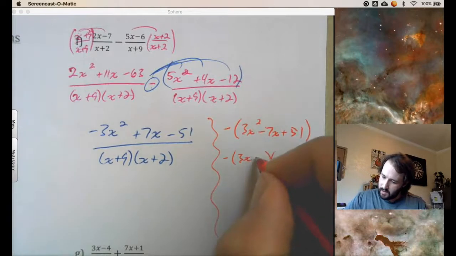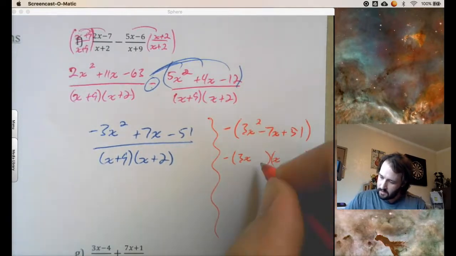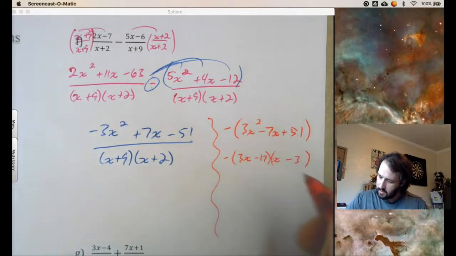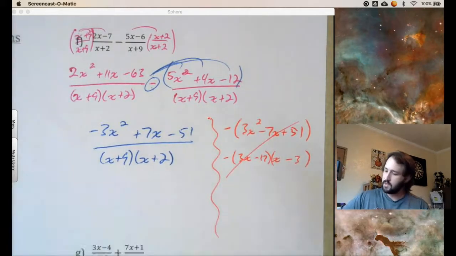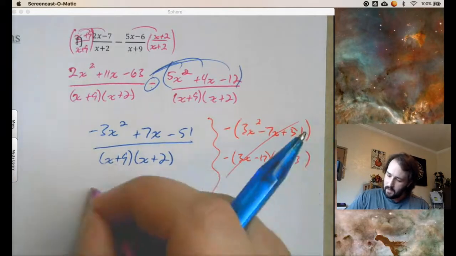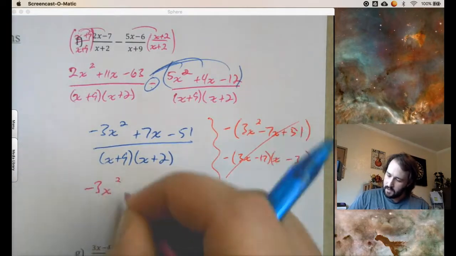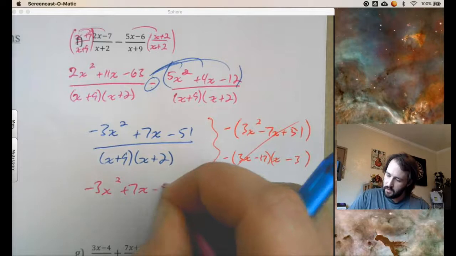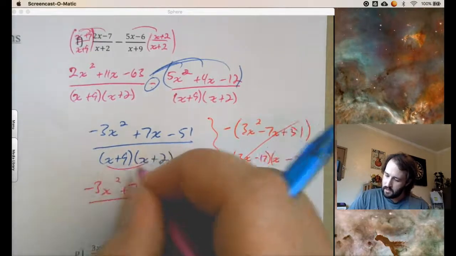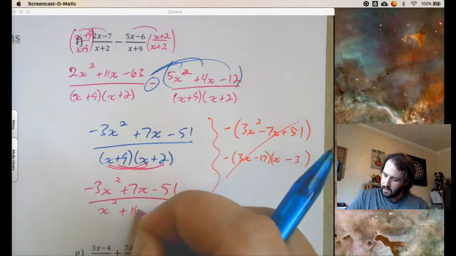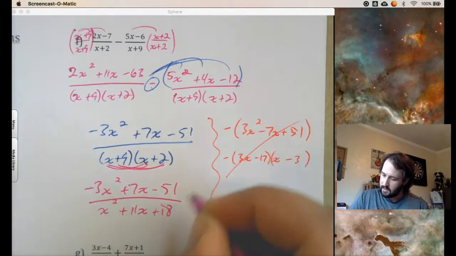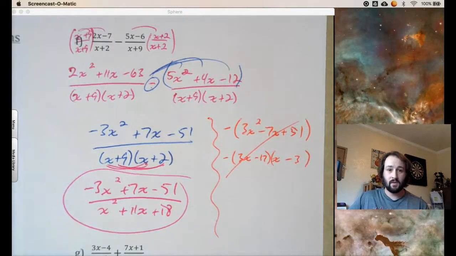So maybe let's try, but it's positive, so it'd have to be like minus 17 minus 3, which would make way too big of a number. So that doesn't work. That won't factor. So I'll just distribute the denominator. So negative 3x squared plus 7x minus 51, all over, distribute the denominator, so x squared plus 11x plus 18. And there would be our simplified form.